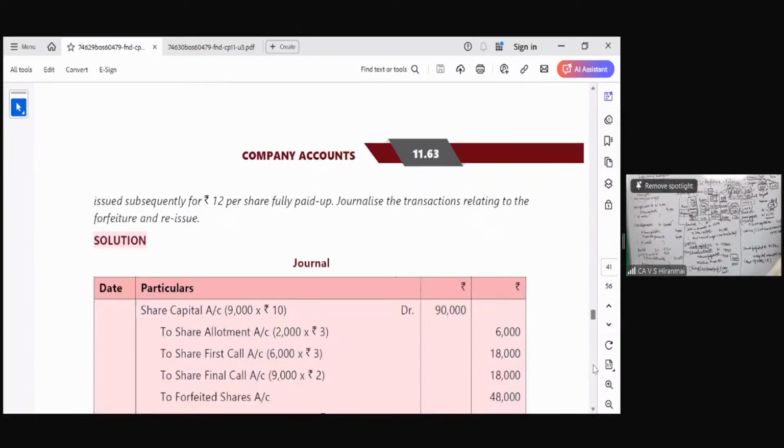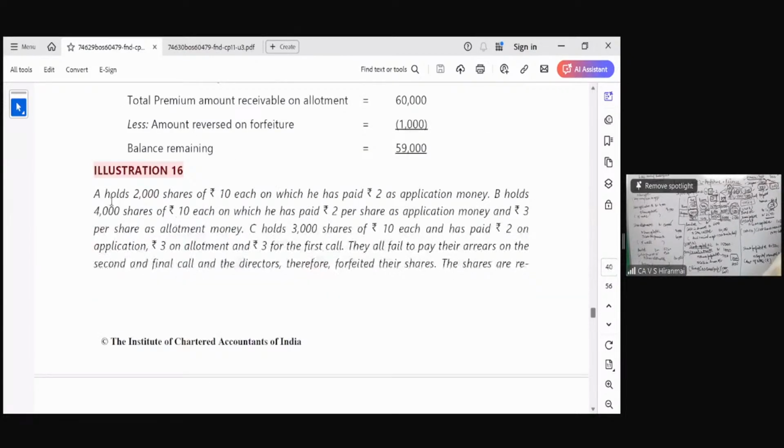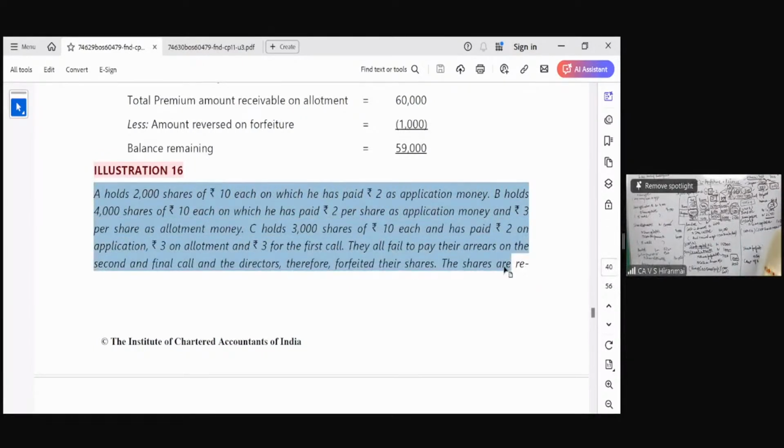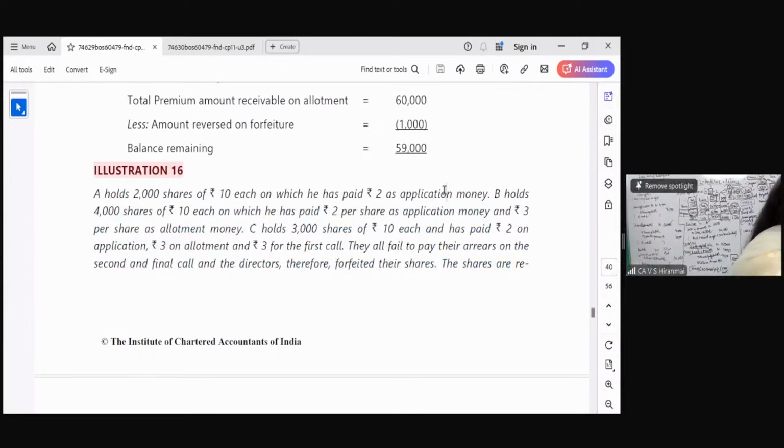These shares are reissued. Okay. Suppose if we go to this particular thing, all of you please see the 16th question. You people can try it. I am just going to explain it to you. Okay. A holds 2,000 shares of rupees 10 on which he has paid application money 2. B holds 4,000 shares of rupees 10 on which he has paid application and allotment money.